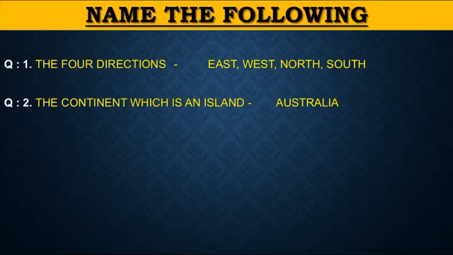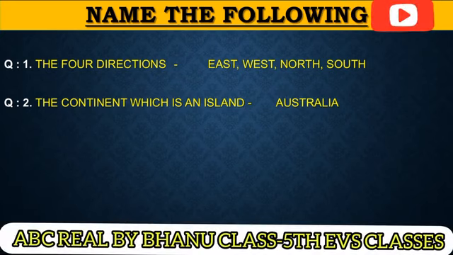The continent which is an island. Do you know what is an island? An area of land which is surrounded by water from all the sides. And what is peninsula? An area of land which is surrounded by water from 3 sides.